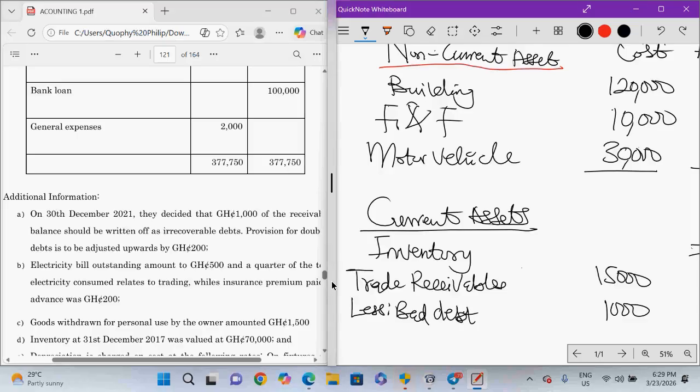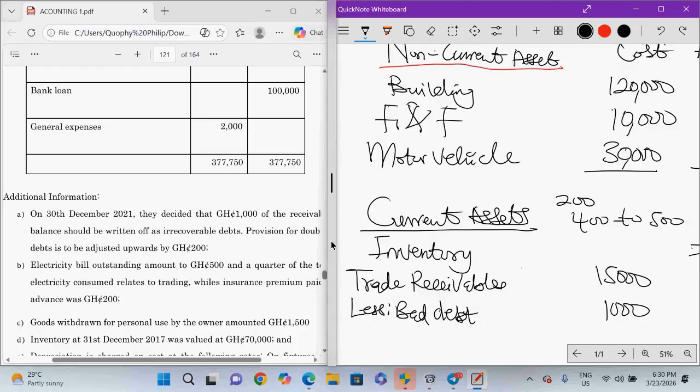Then, if there is any provision for doubtful debt, we take the closing balance for the provision. Here, the provision for doubtful debt is to be adjusted upwards by 200. The 200 is the difference, like the way I said from 400 to 500; the 500 is what we want. Here, you add the 200 to the old one.